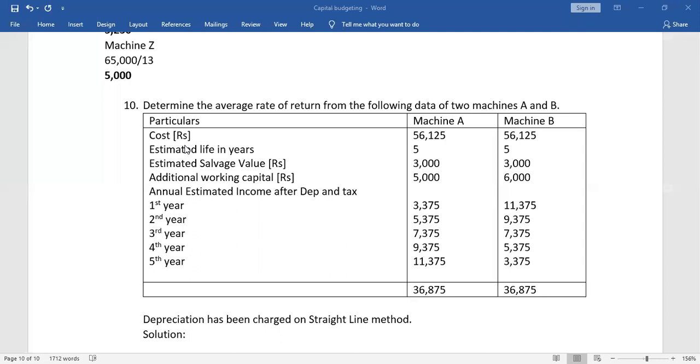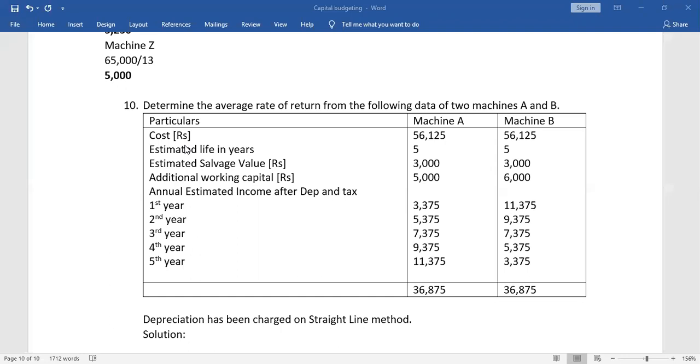We will find out which machine gives the highest rate of return. That machine we will suggest to the company. We only have to give a suggestion or a conclusion on which machine is best suitable for the company, which gives the highest rate of return.